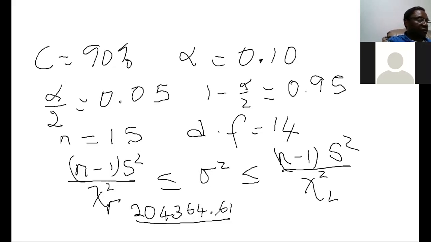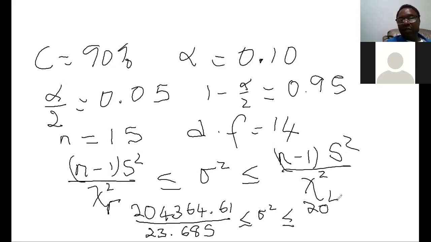For degree of freedom 14, you had 23.685. Now the same number you will repeat here, divided by chi-square left, which is 6.571.